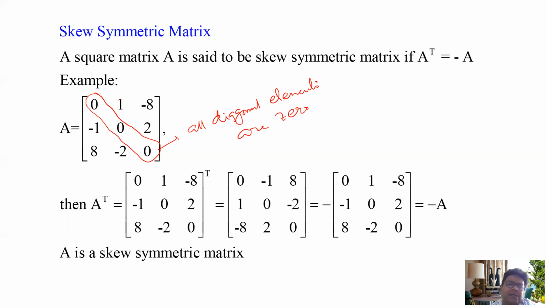As well as, check the elements point-wise: each element is the mirror image of itself with a negative sign. Suppose 1 is here, its mirror image is minus 1. Minus 8 is here, its mirror image is 8, with the opposite sign, that is, minus becomes plus.